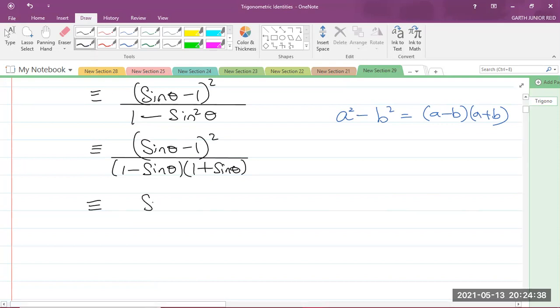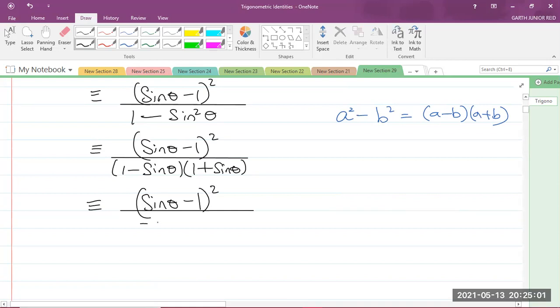So we have sine theta minus 1 all squared divided by 1 minus sine theta in the denominator. What I'm going to do now with that term is factor out a negative 1 from the 1 minus sine theta term.